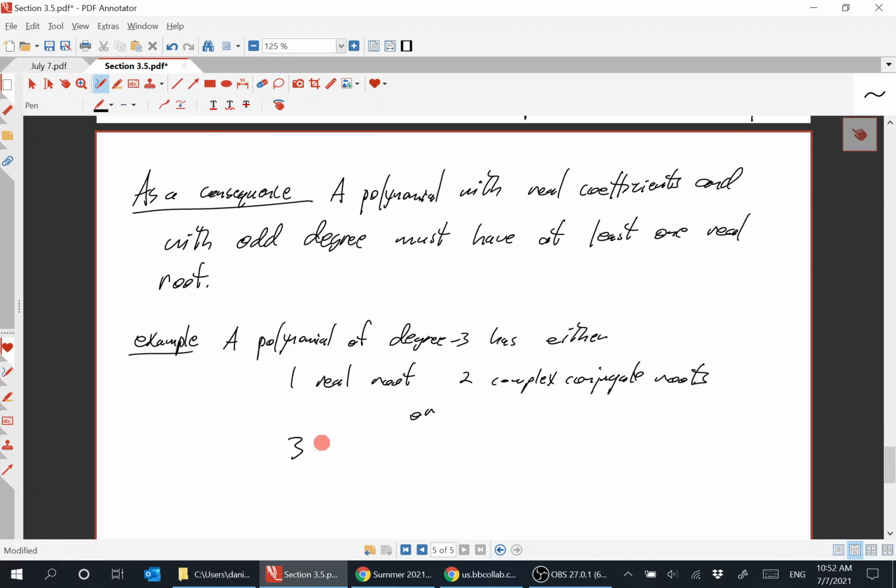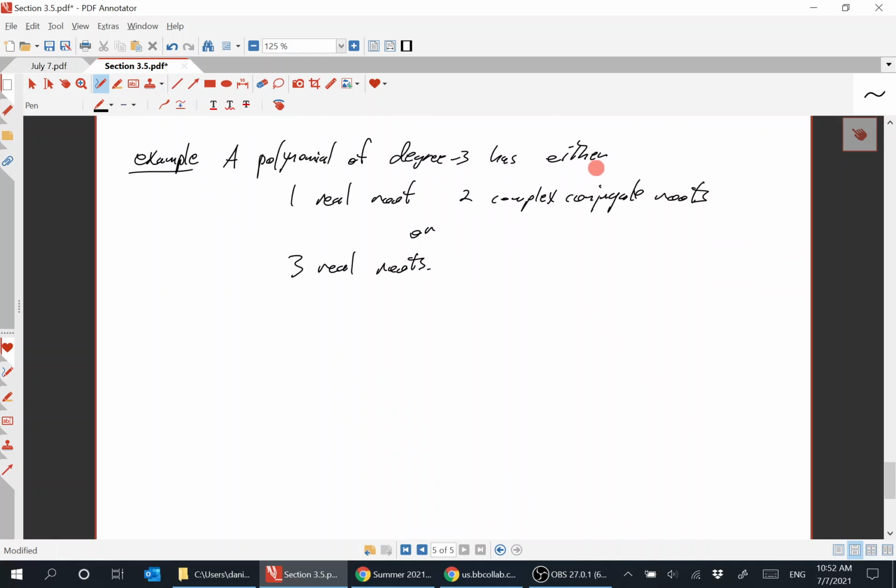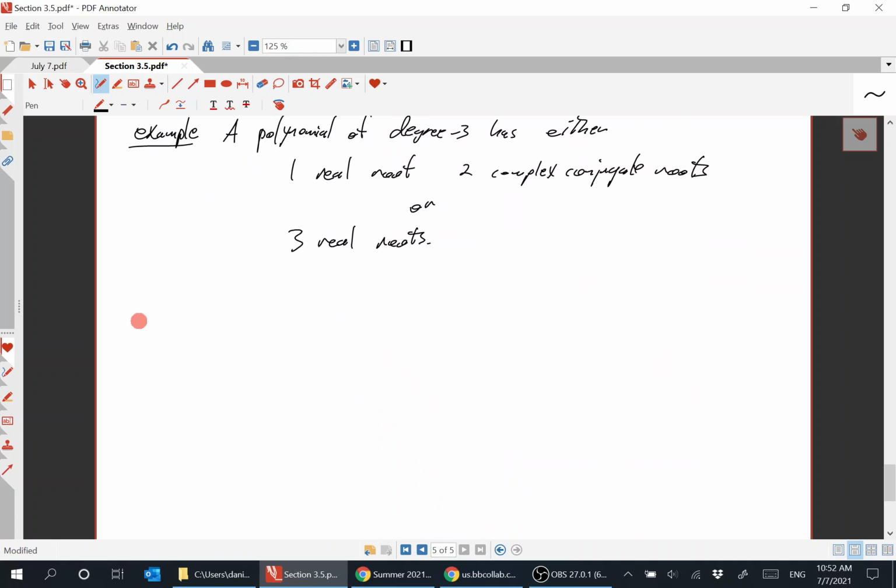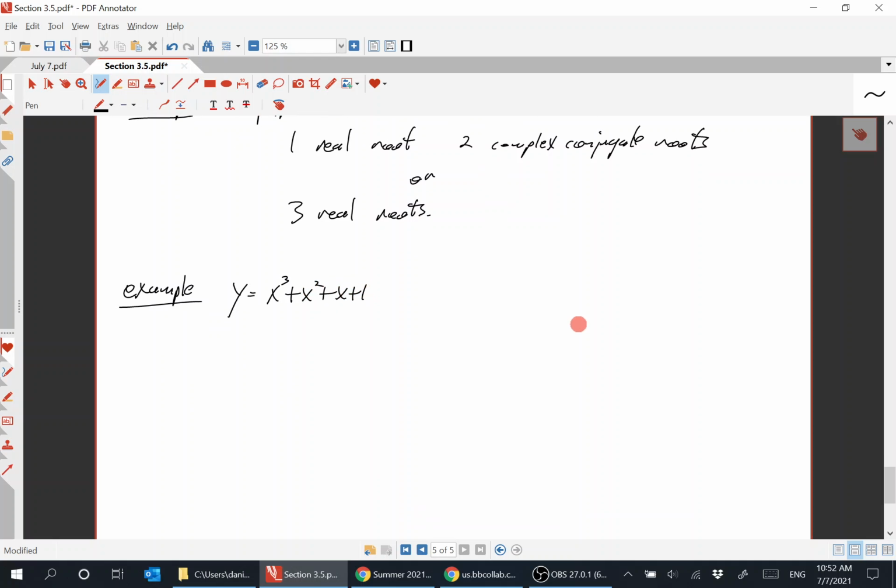Again, counting multiplicities. So for example, y equals x to the third plus x squared plus x plus 1.